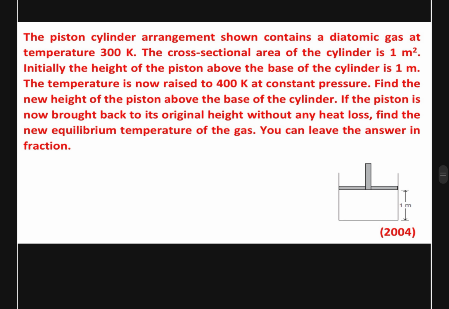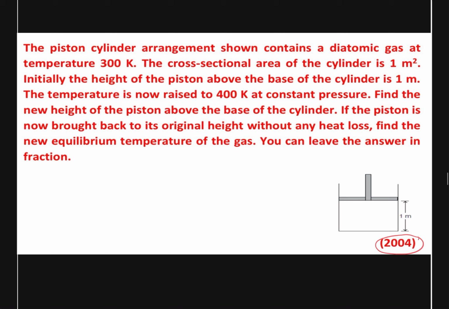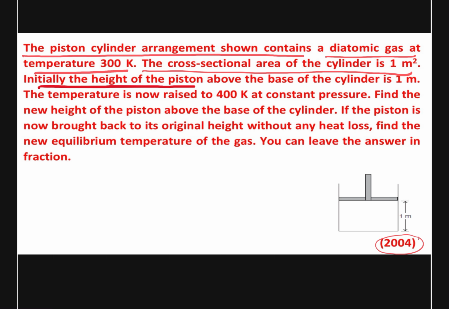Next question was asked in the year 2004, and it states that the piston cylinder arrangement shown contains a diatomic gas at a temperature of 300 Kelvin. The cross-sectional area of the cylinder is 1 meter square. Initially, the height of the piston above the base of the cylinder is 1 meter.